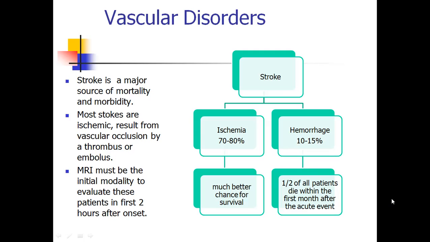Stroke is a major source of mortality and morbidity, as we are talking about vascular disorders. Most strokes are ischemic, resulting from vascular occlusion by a thrombus or embolus. Magnetic resonance imaging must be the initial modality to evaluate this patient in the first hours after onset.